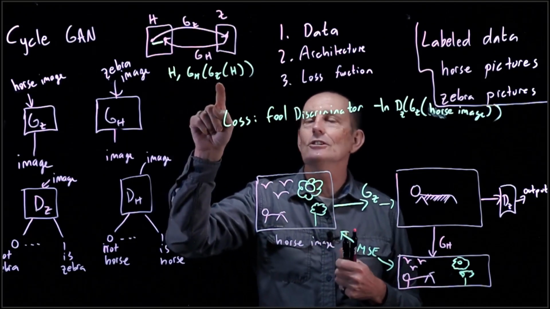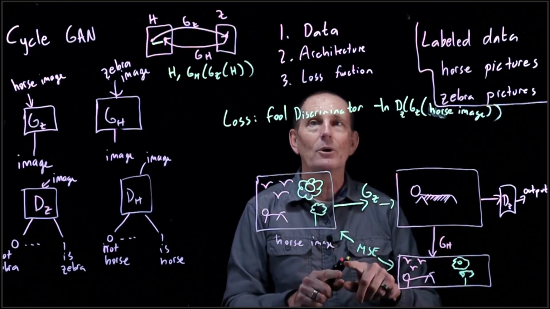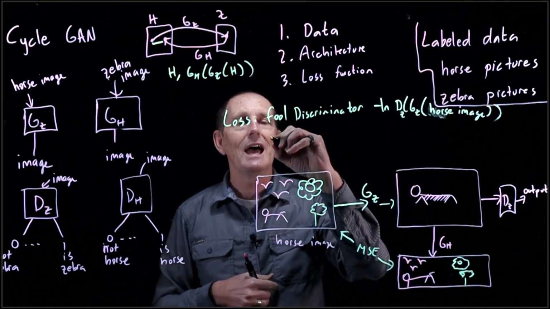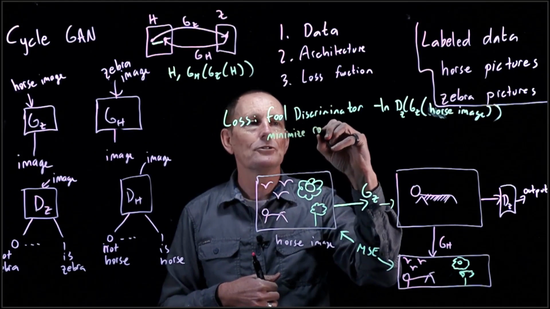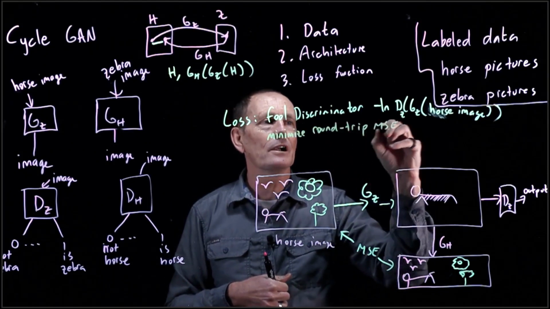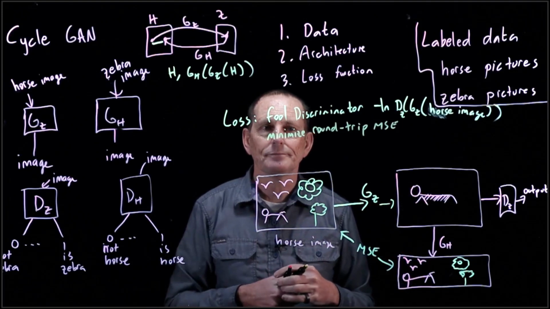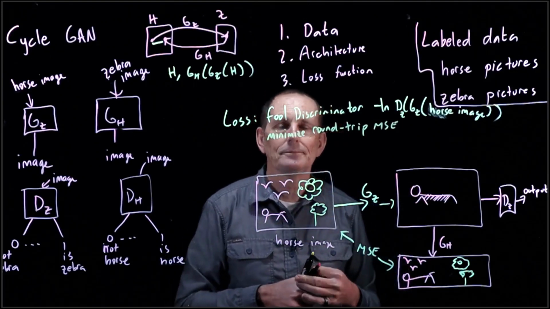Is it g sub h's fault? Is it g sub z's fault, or both? And so we're going to update both of them as we go back. So as we propagate the error, the loss is we fool the discriminator, and we also minimize round trip mean squared error, which is going to ensure that it looks like the same thing. Or we hope it ensures that.